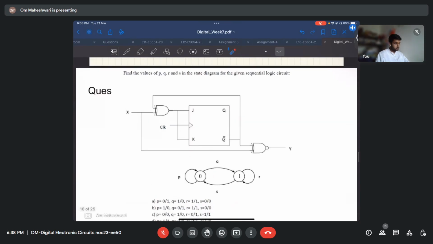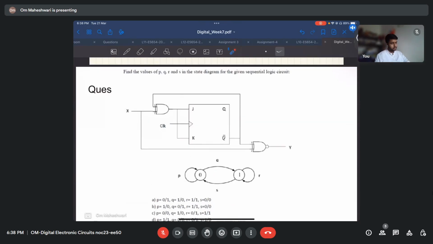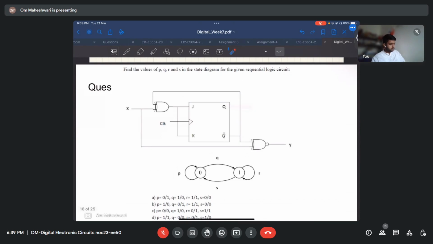So the next question is find the values of P, Q, R, and S in the state diagram for the given sequence of logic. Okay. So here, first let us write what the outputs are in terms of input. If this is Qn, this is Qn bar. Okay, let's forget Qn, Qn bar for now, just Q bar.